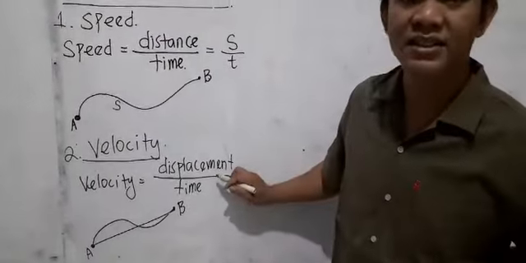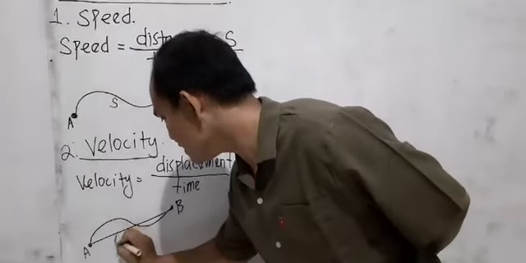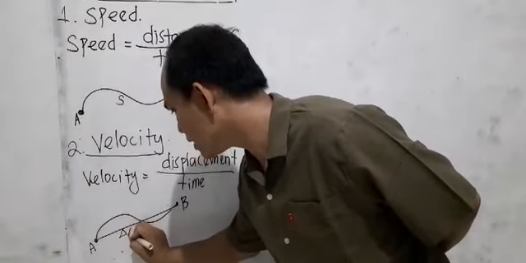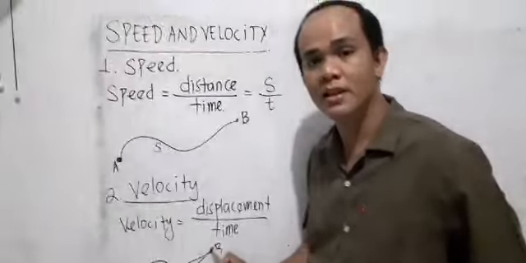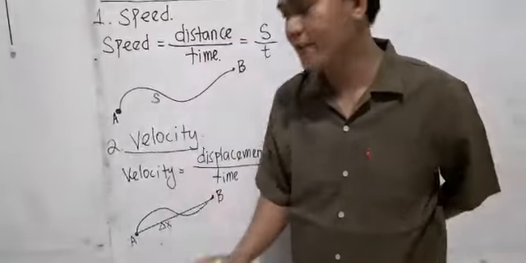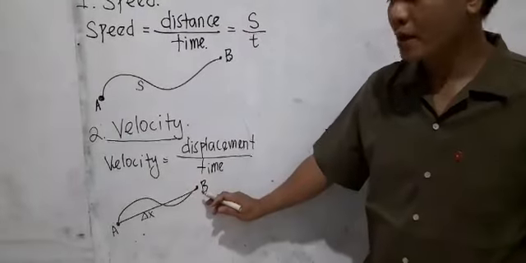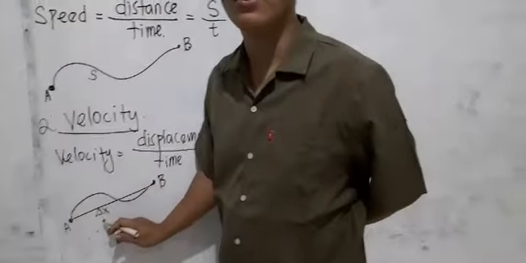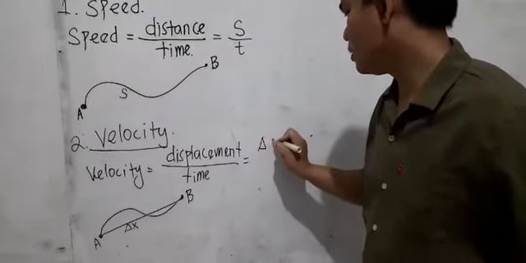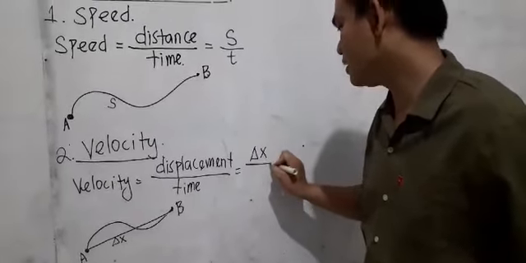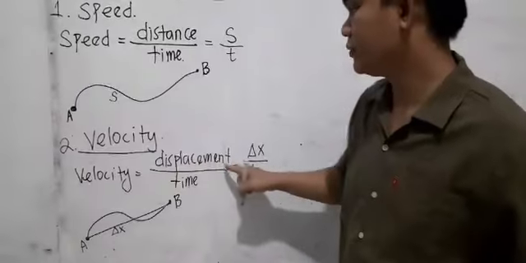If you make a straight line from point A to point B, then you will get displacement. So displacement is the whole length of the straight line from point A to point B, or delta x. So we usually use delta x divided by time to make it short.